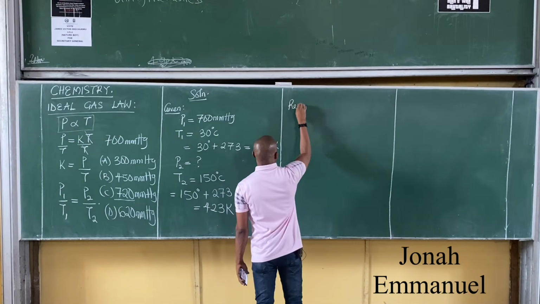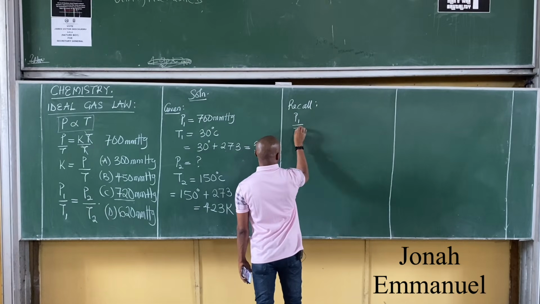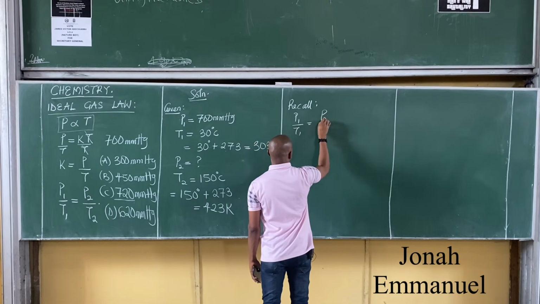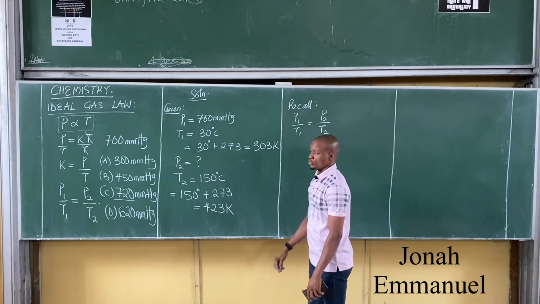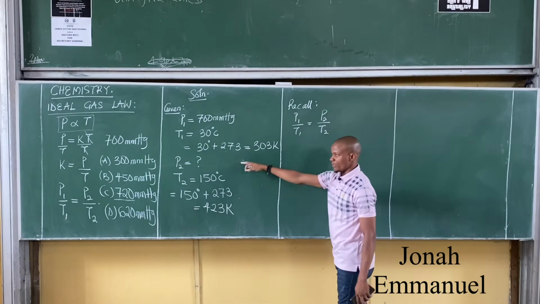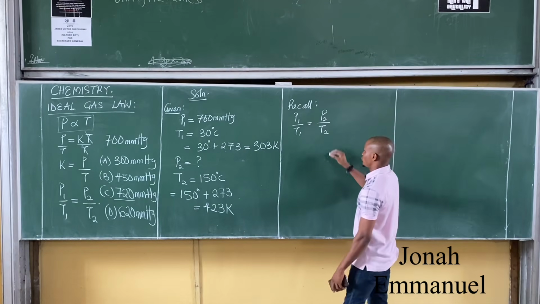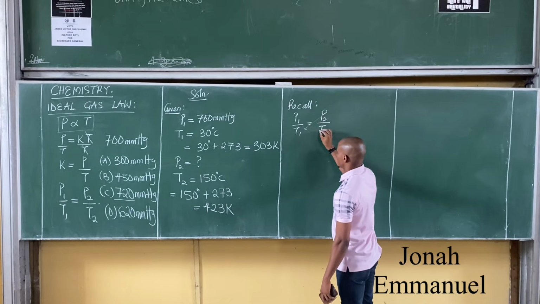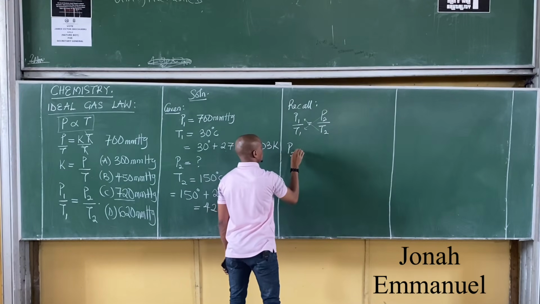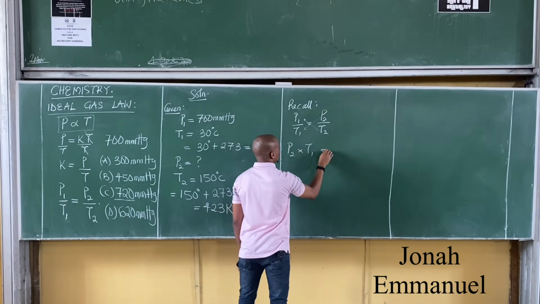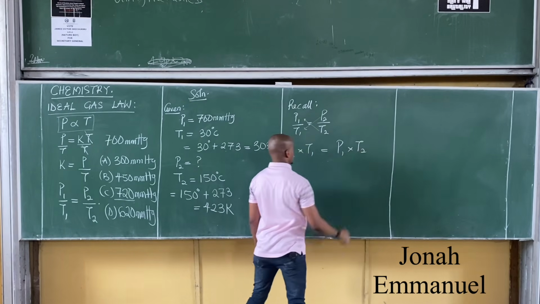Recall that P1 over T1 is equal to P2 over T2. We want to find P2, so make P2 the subject of the formula. Cross multiplying, P2 times T1 is equal to P1 times T2.